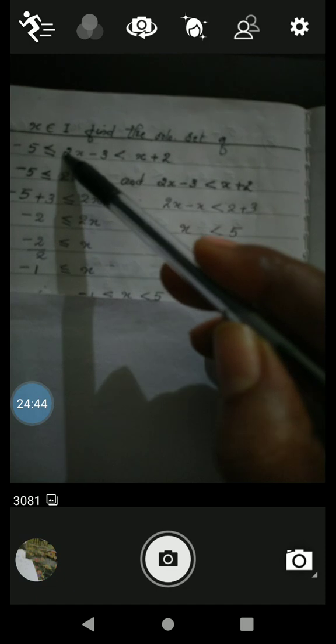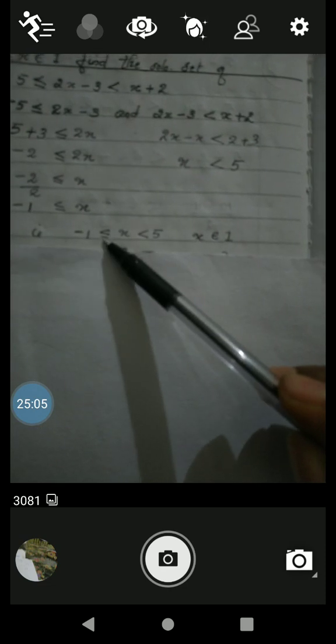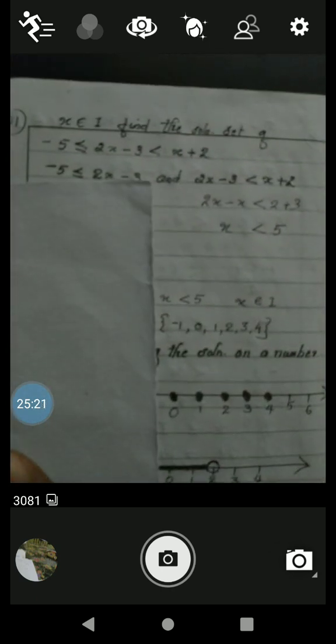And in the same way, you can combine these two solutions. Minus 1 less than or equal to x, here also x less than 5. In this way we can combine: minus 1 less than or equal to x less than 5. Both inequations you can see here.